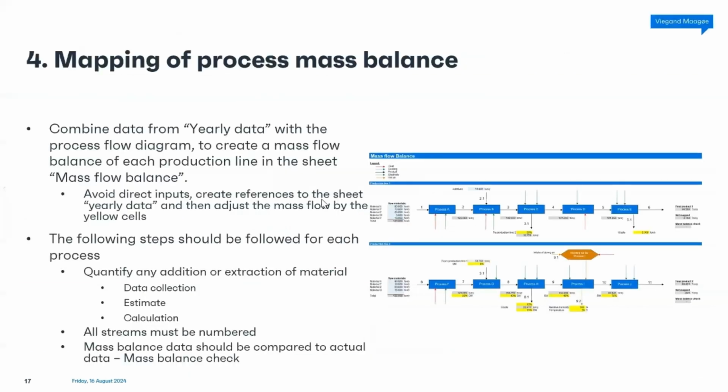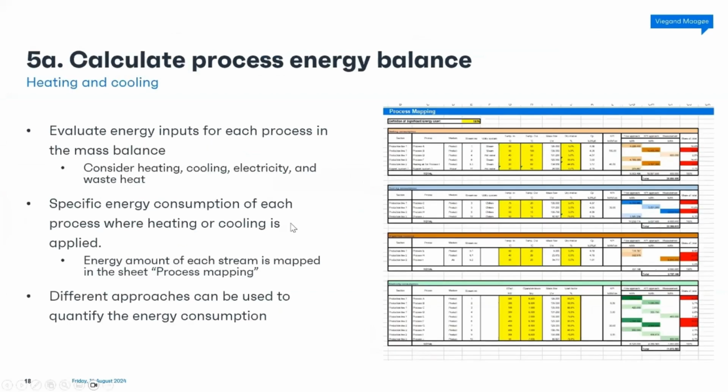Yes, and that would be the next one here, where you are calculating the energy balances. This is where we consider heating, cooling, electricity, but also the waste heat distributed throughout all of our production lines. So we are doing that in the next sheet, where we have these tables. We have different approaches to quantify our energy consumption.